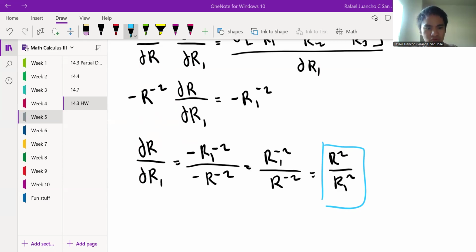So we do R squared over R sub 1 squared. And we got it. Okay.